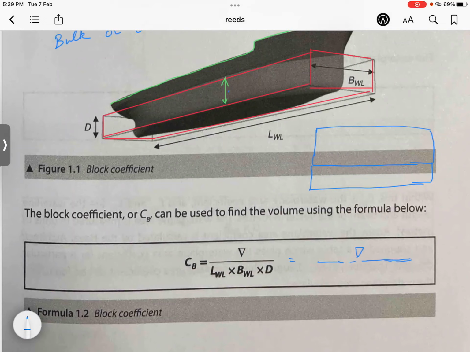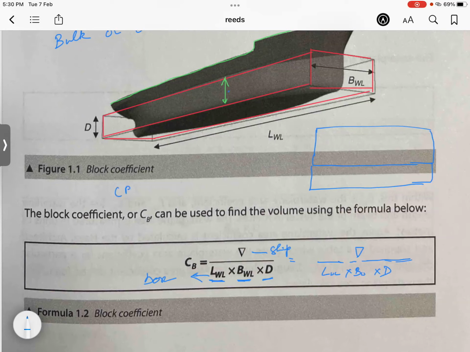Underwater volume divided by length into breadth into depth, right? That is the complete length of your box, the complete breadth of your box, and its depth. This is the dimensions of the box, and this is the dimension of the ship. So that is the block coefficient.